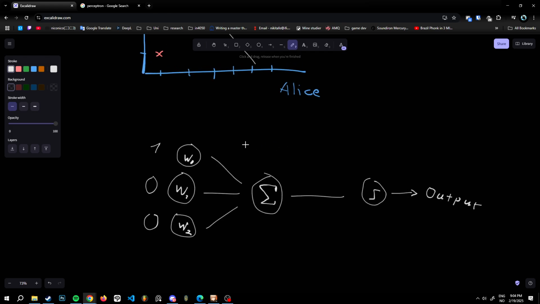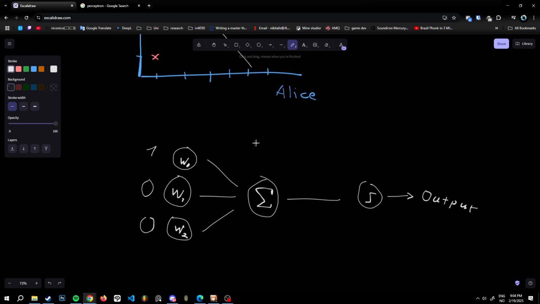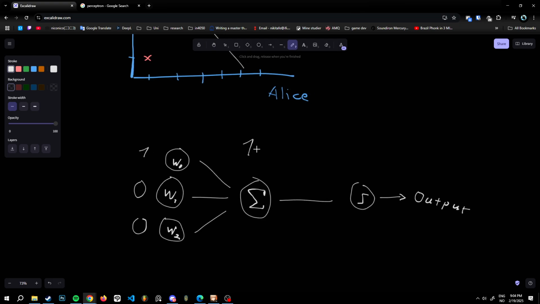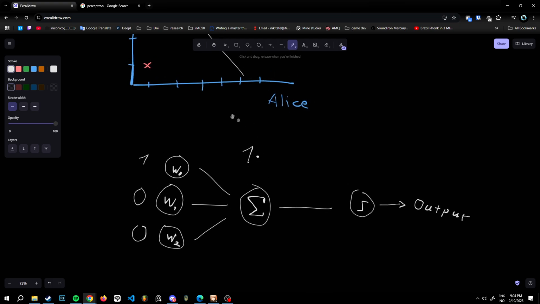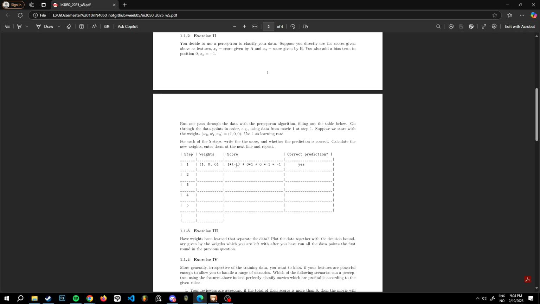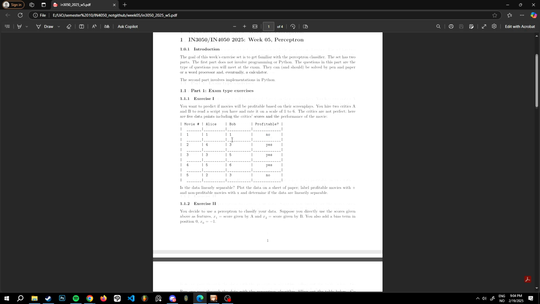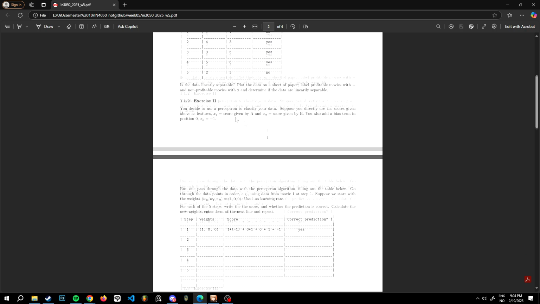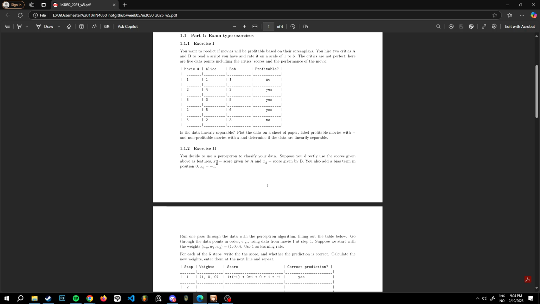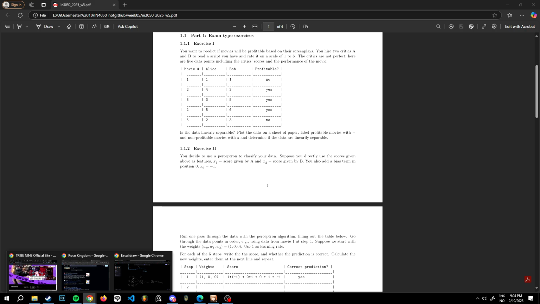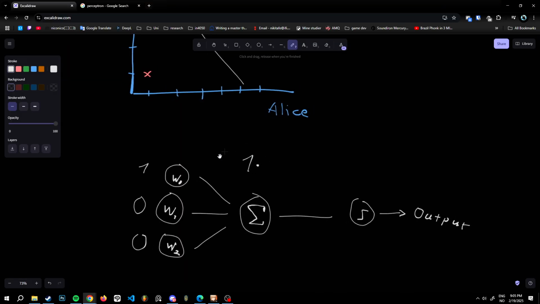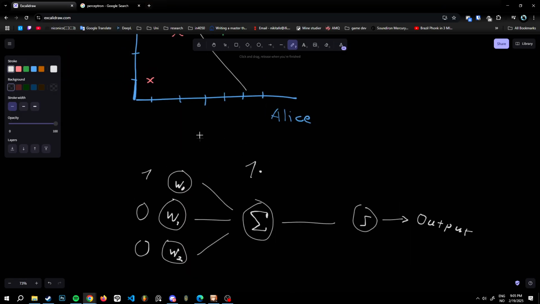And so our sum function is going to be the weight times, we're looking at it for the first movie. So for the first step, which means that we're going through the first movie. So you see Alice, they said it here. Alice is x1 and Bob is x2. So mathematically, we can have a mathematical notation here where we do W0 times.